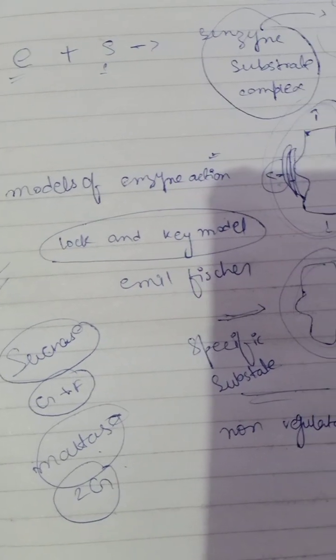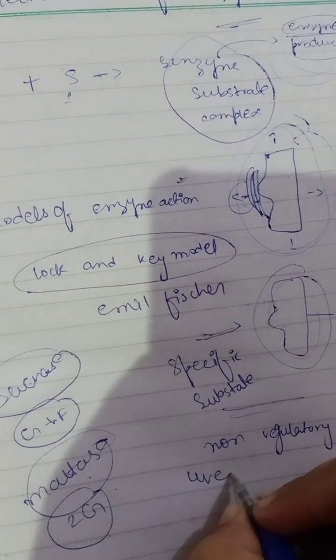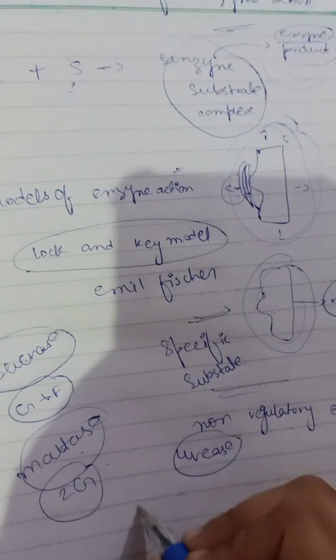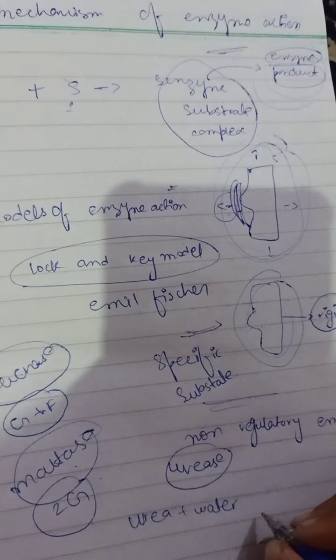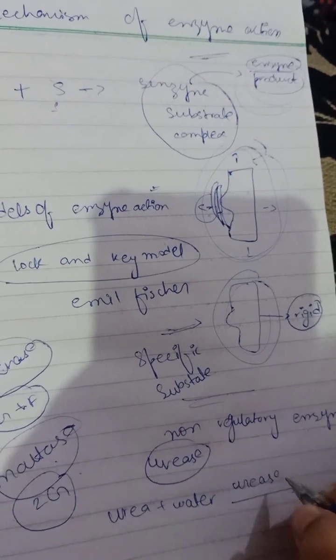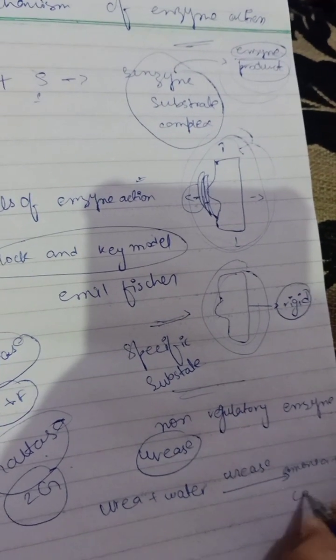After that, we have an example, that is urease. Urea plus water, with the help of urease, forms the products ammonia plus carbon dioxide.